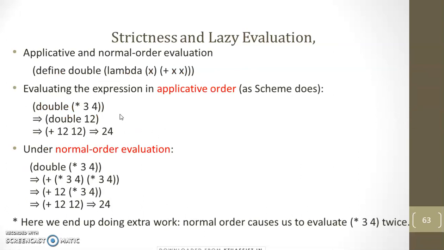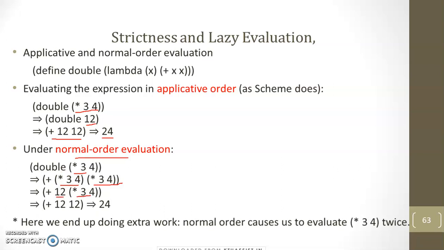In applicative order evaluation, the argument is first evaluated and given to the function, and then the body of the function is executed to give the result. But in normal order evaluation, the argument is given unevaluated, and in the body of the function, when it is required, it gets evaluated.